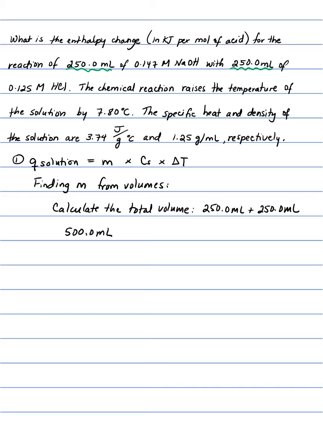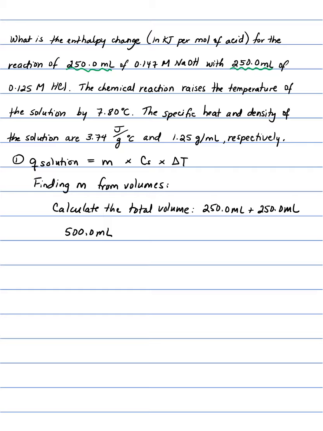To find the mass of the solution when you're given volumes, you're mixing those two in the same calorimeter, so you now have a total volume. We're finding the total volume, which is just adding the two volumes together: 250 for the base, 250 for the acid, that will give you a total of 500 milliliters.